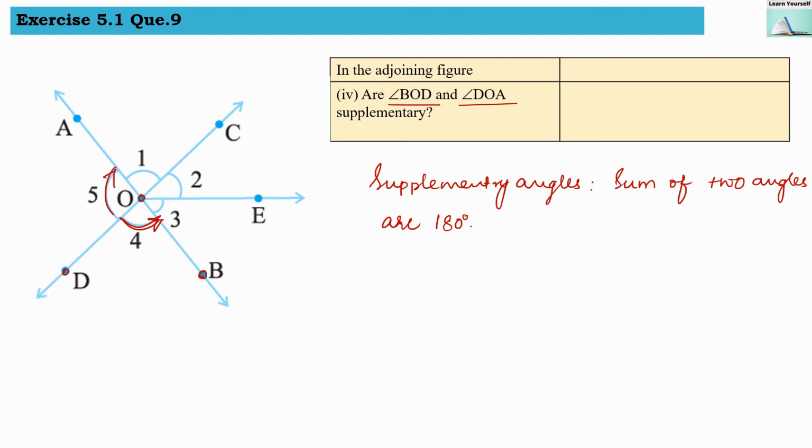As you can see, these two angles are forming a straight line. That means the addition of these two angles, angle 4 and angle 5, will be 180 degree. So yes, from the figure we can say that they are supplementary. Together, angle 4 and angle 5 give us 180 degree because they are on the straight line AB.